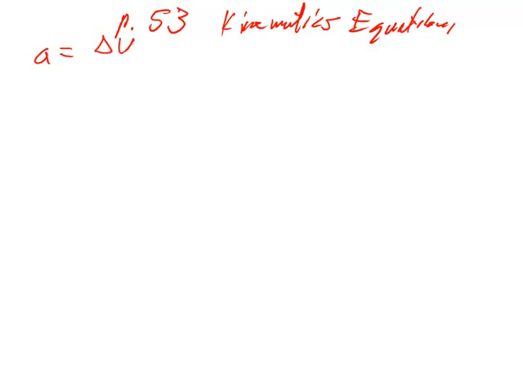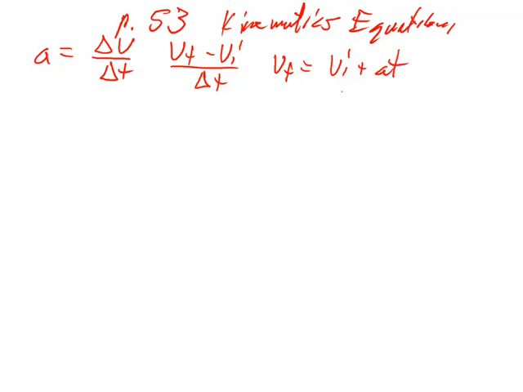The rate of change in velocity per time interval, the change in time interval. We know that whenever we see a delta sign, it's that right there. And then, of course, we can rearrange the equation to say V_F is equal to V_I plus AT, right?